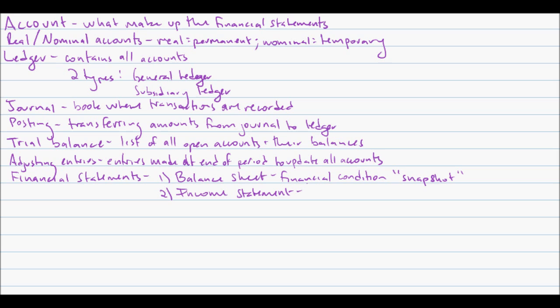On the other hand, the income statement measures results of operations. This would be referred to as sort of a video, because it's going to be showing change over time. In this case, we're going to be showing change in revenue accounts, change in expense accounts, and all the different types of gains and losses that we incur over a certain period of time.